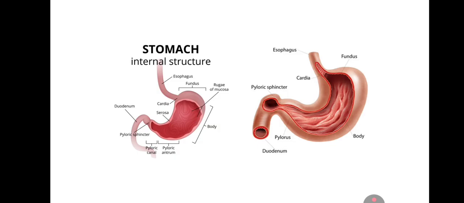Then with the help of this digestive juice, the chyme becomes somewhat acidic. So it causes an acidic environment within the stomach with the secretion of the HCl acid and makes the pH value between 1.5 to 3.5.